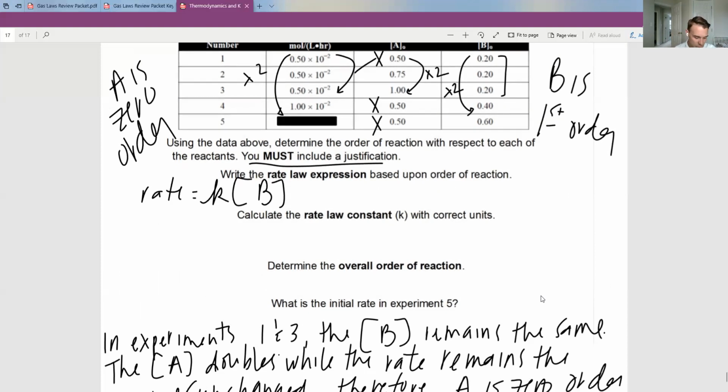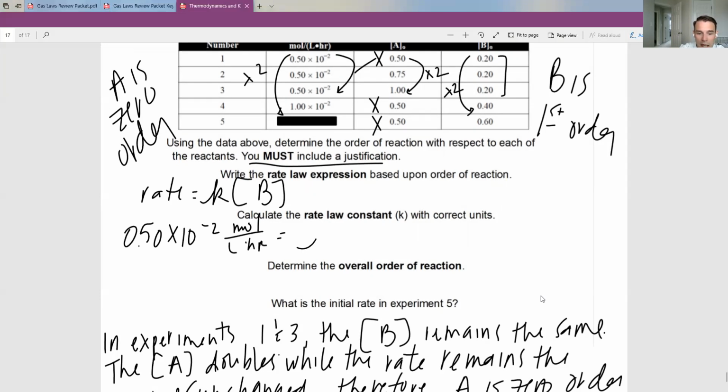Now, for the next one, I can determine the constant just by taking the values from my data table and plugging them in. I just used the first one. It doesn't really matter. They should all work and give you the same answer because k is the same when you're at the same temperature. And so I'm just going to plug it in, 0.50 times 10 to the negative second. Units, important, moles over liters times hour.